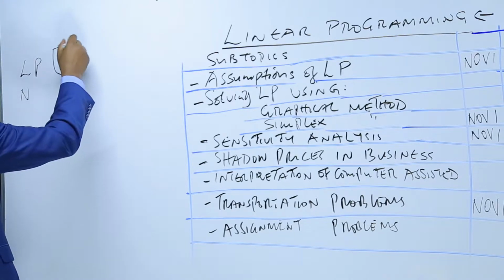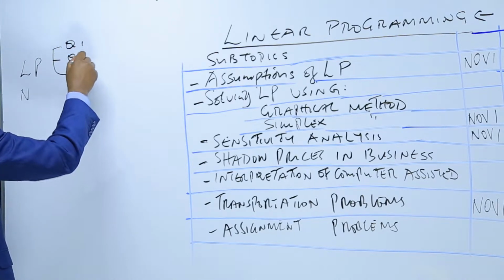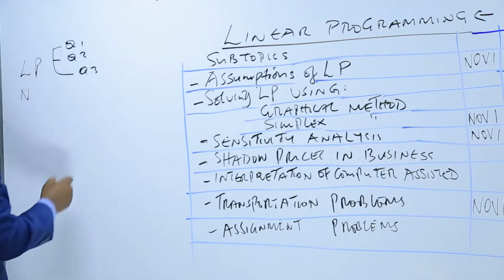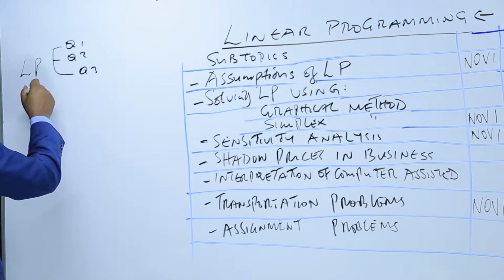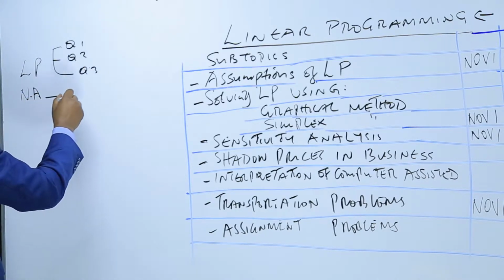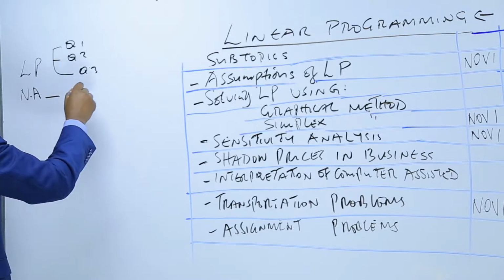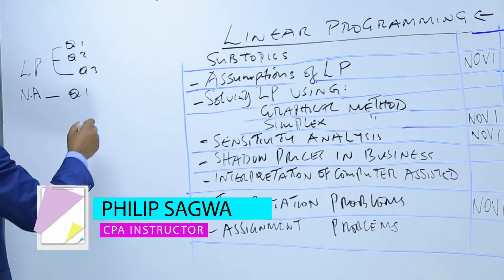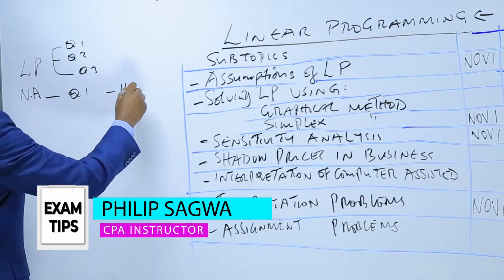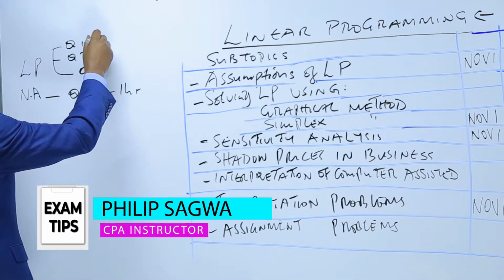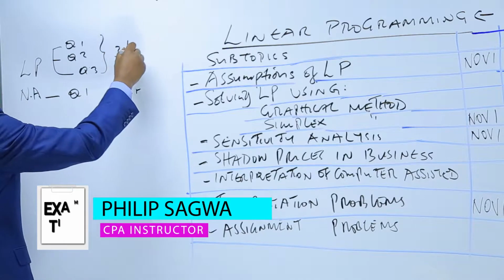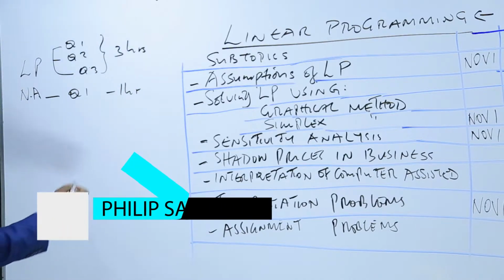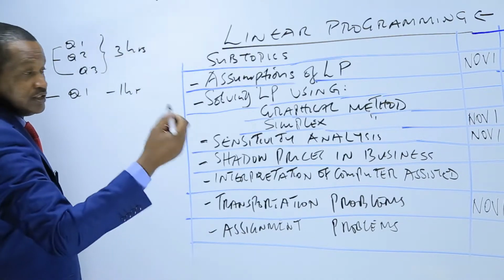Okay, question 1, question 2, question 3. Network analysis, you do 1 question, just 1 question. This is 1 hour. These 3, we saw 3 hours. Do a question on network analysis, then review.